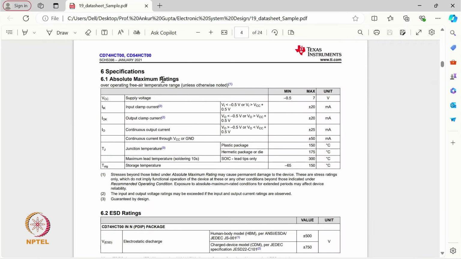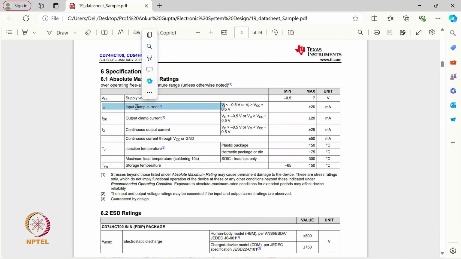The first one is the specification, where it mentions the minimum and maximum ratings. For example, the first line, VCC, specifies the supply voltage, and the maximum value you can put is 7 volt. When you connect this IC to any circuit, it should not exceed the supply voltage of 7 volt.